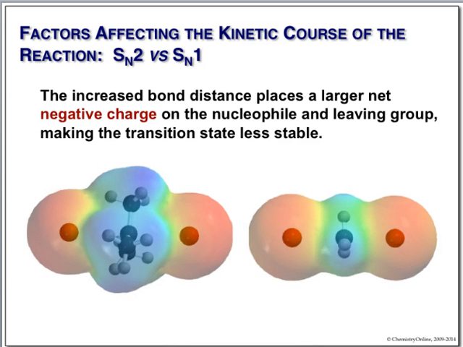If we do charges, we can see we have lots of positive charge here in the middle. Here we have much, much less. And we can actually measure those charges. The incoming and leaving groups are about minus 0.88, and here we're about minus 0.7.